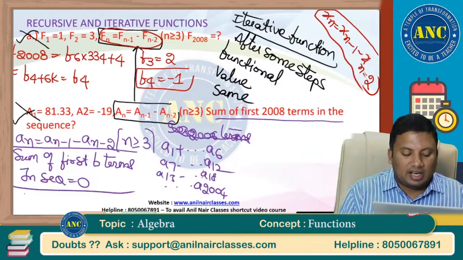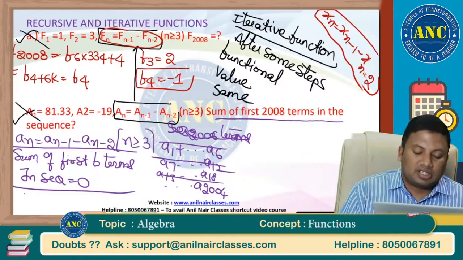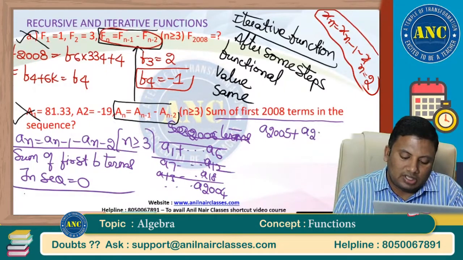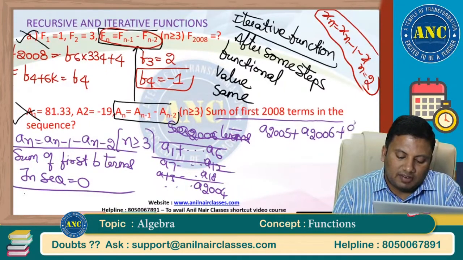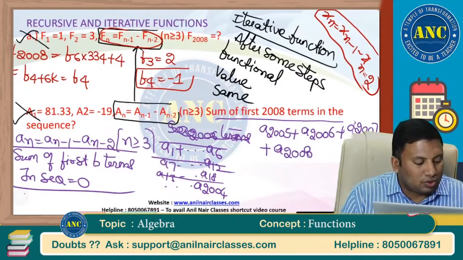I hope it is clear. So till 2004 the sum is 0, since the sum of the first 6 terms is 0. What is remaining? The sum of 2005, 2006, 2007 and 2008.